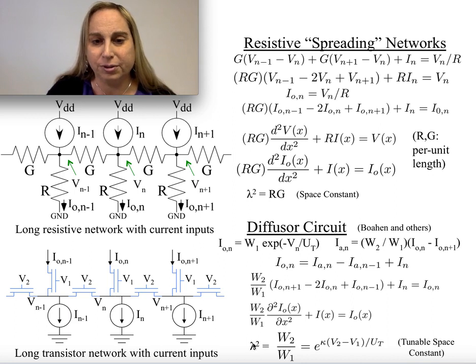And it's a tunable space constant, which could be very useful for a range of applications. So although it looks like a very simple resistive network, what you realize is that this is quite implementable in CMOS structures, and not just implementable, but quite tunable and efficient in those spaces.